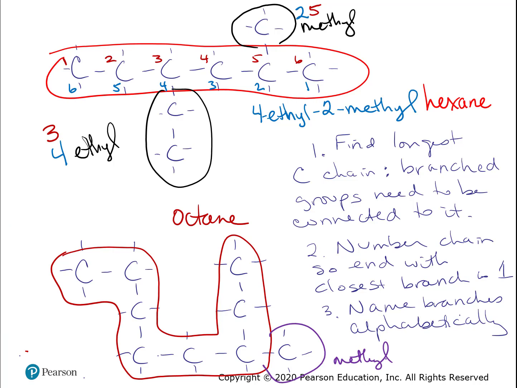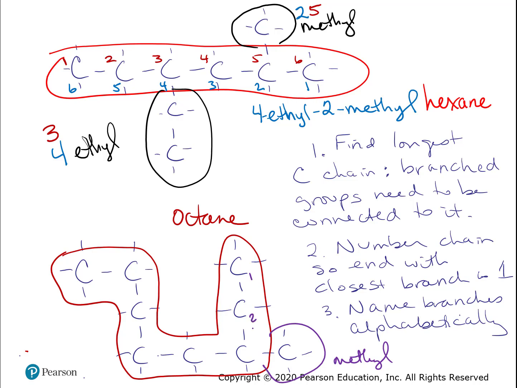So now, do I number from the left or from the upper right? Upper right. Do you see that if I start from the area right underneath the word octane, then my methyl is on carbon number 3? If I started from the other side, it'd be 1, 2, 3, 4, 5, 6. So that's why I start from the side over here.